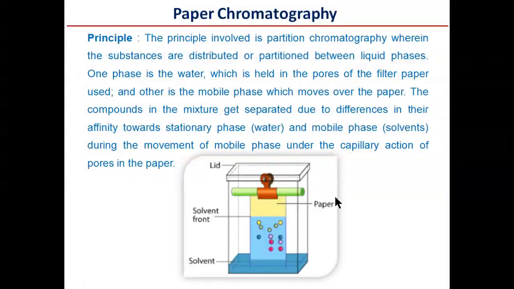It's very simple. We are just distributing the component mixture in two liquid phases. One is water, which is absorbed on the surface of the filter paper, and the other is the liquid solvent. So this makes the component mixture get separated on the surface of the filter paper through capillary action.